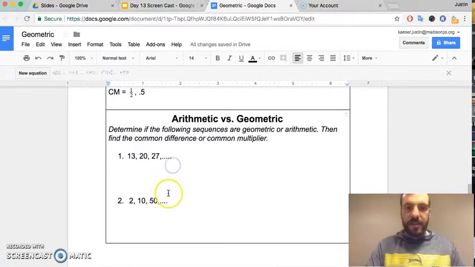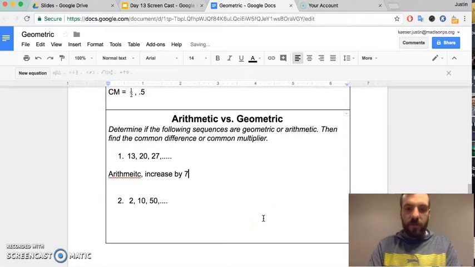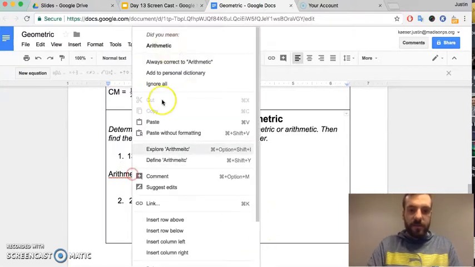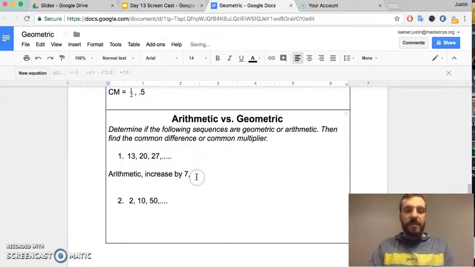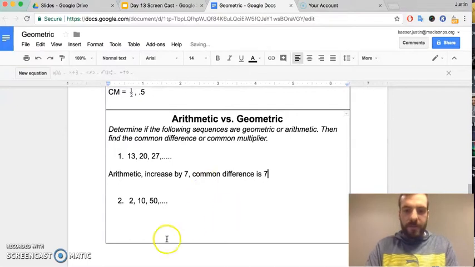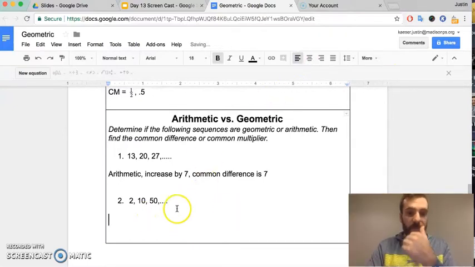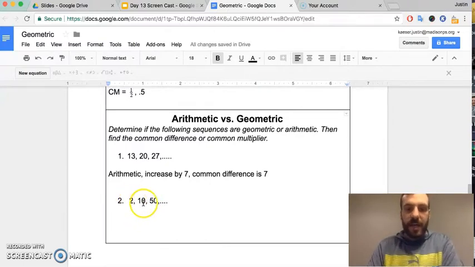All right, so the last thing on your sheet, these last 2 problems, you should have got the first one's arithmetic. It's increasing by 7, or my common difference is 7. Now, for the second one, you should have got it's geometric. Again, try to see if it's arithmetic first. We're adding 7 between 2 and 10.